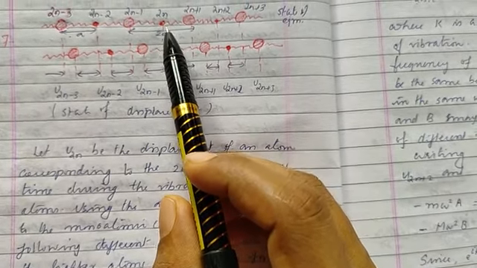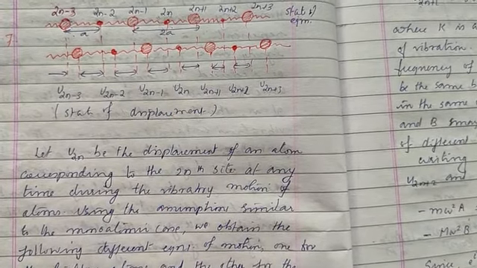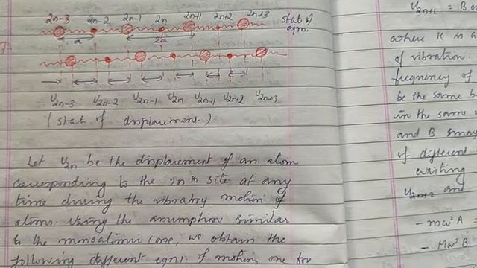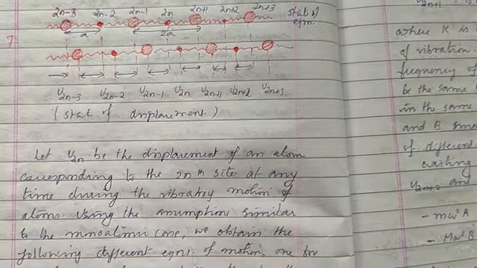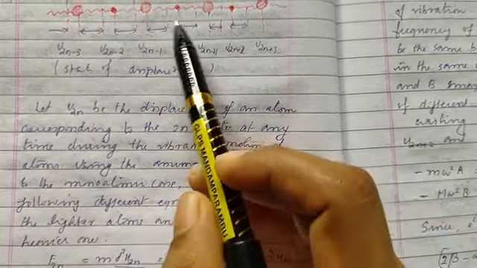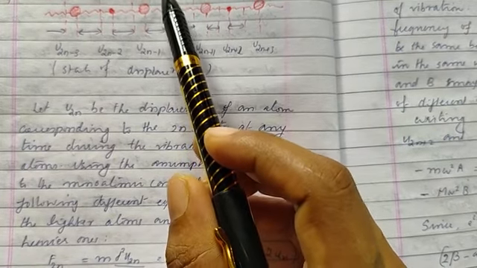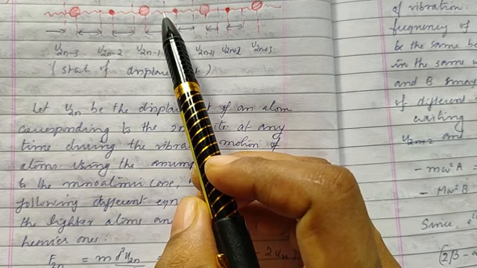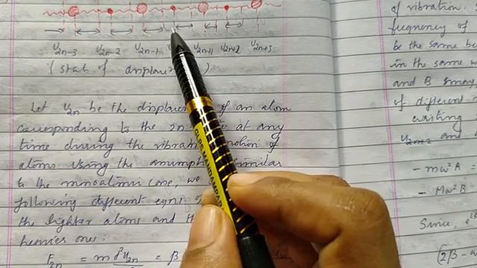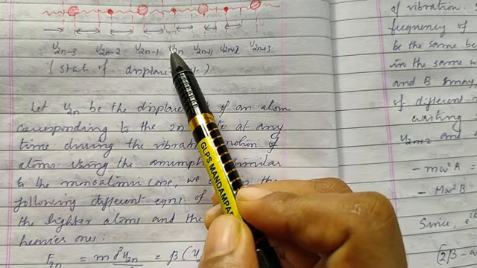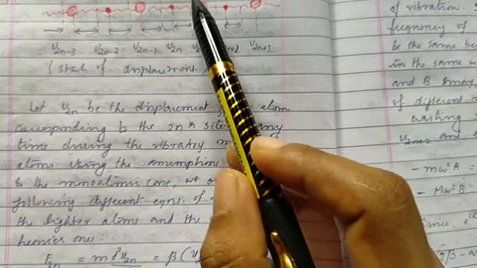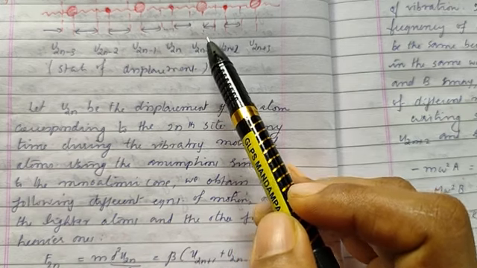Consider this atom. Its initial position was this, and when it is vibrating, its position changes to this, and so this represents its displacement, which is u2n. Similarly, this is u2n plus 1.